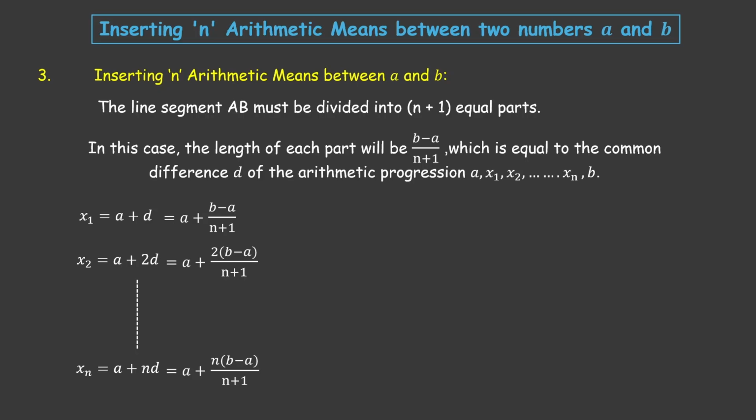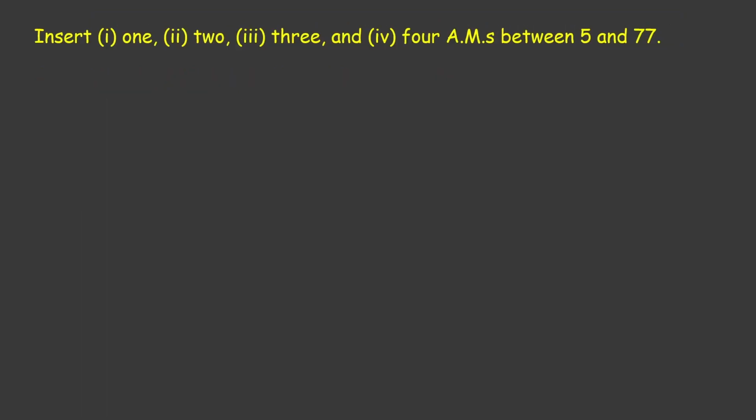Now that we have a good idea on how to insert n arithmetic means between two numbers, let us do one practice problem. Insert 1, 2, 3 and 4 arithmetic means between 5 and 77. So here a is 5, b is 77 and b minus a is 77 minus 5, that is 72.